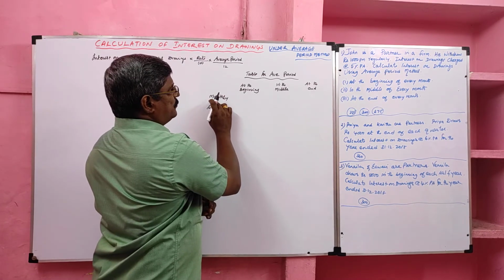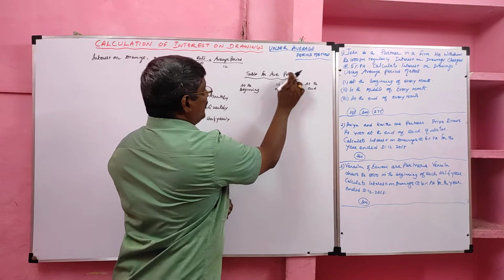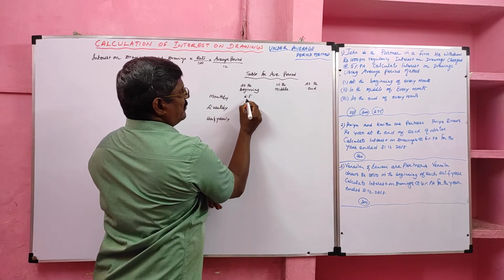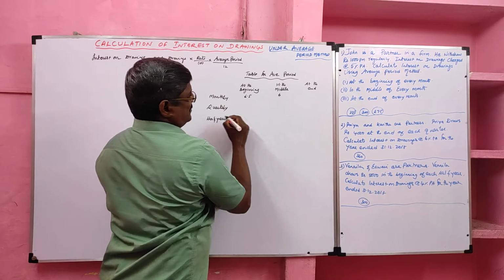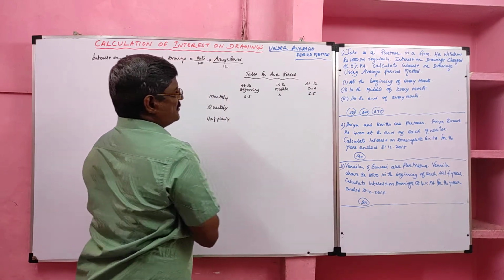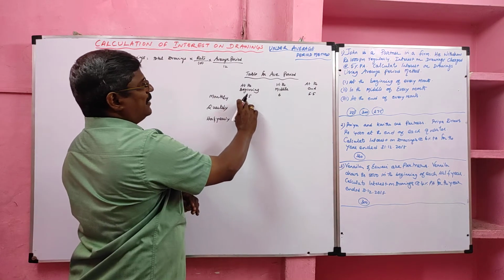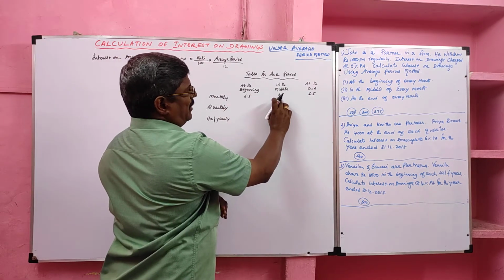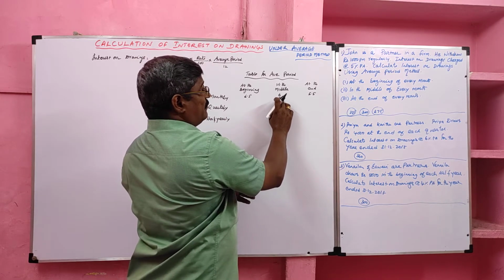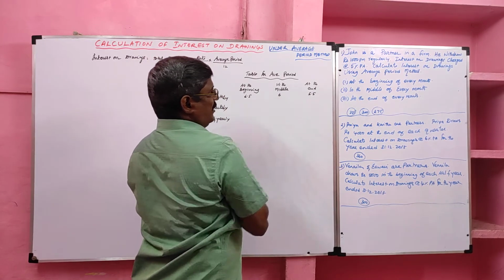Now we are going to learn the average period table for monthly. Start with 6.5, reduce 0.5, you will get 6. Reduce 0.5 from this, you will get 5.5. Students, start with 6.5, then reduce 0.5 for the middle. Reduce 0.5 from the middle value, you will get the end value.